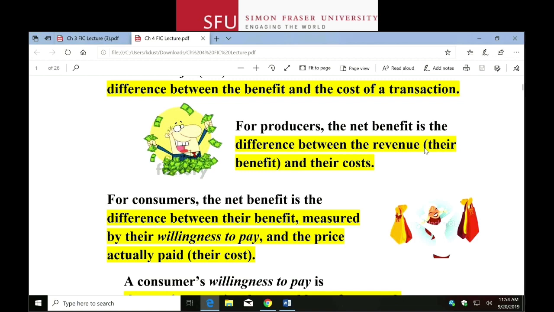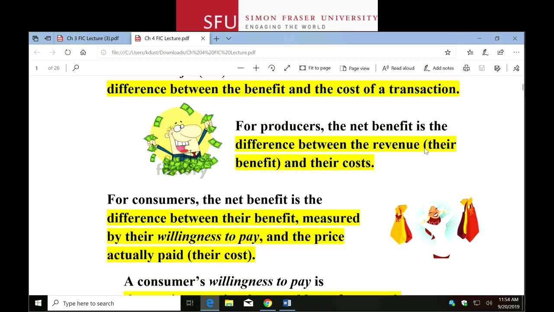And if the shoes do cost $110, you're going to say, no, I don't want to buy that pair of shoes. That's too much. But if they're $90, I will. Okay, so that means my willingness to pay is more than 90, but less than 110. Anyway, so we do think about what we are willing to pay.